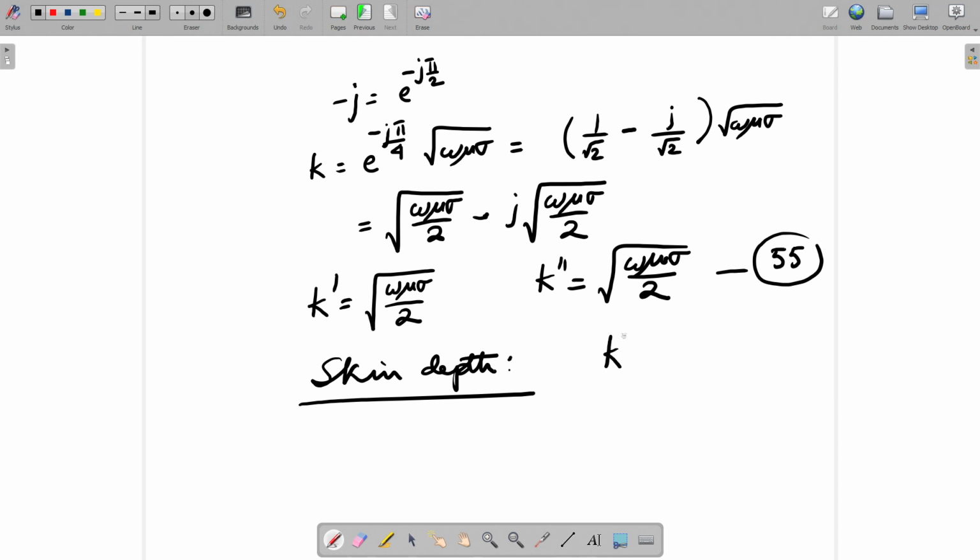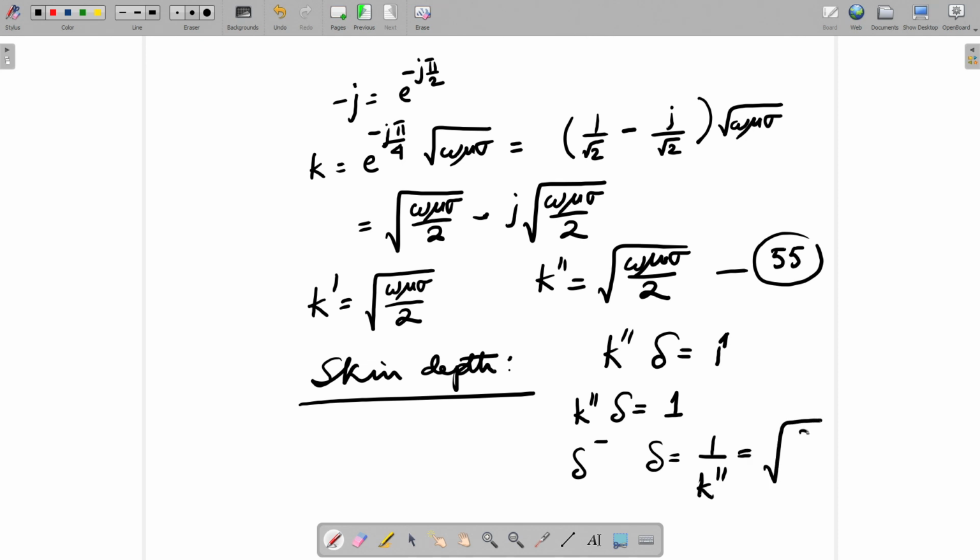So, that corresponds to the condition k double prime delta is 1, and as such delta is equal to 1 by k double prime, that is root of 2 by omega mu sigma. So, that is 56.